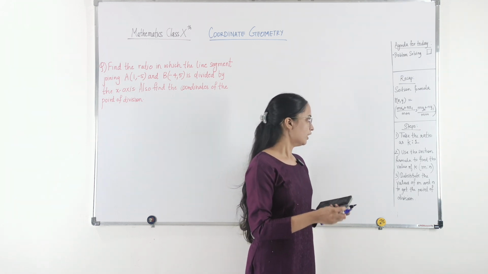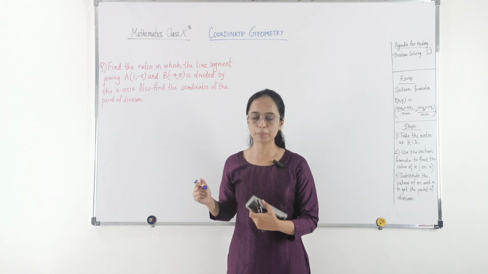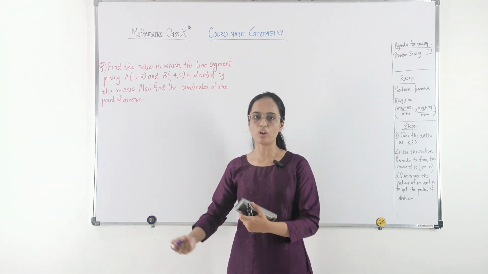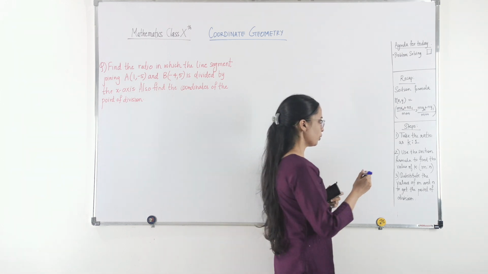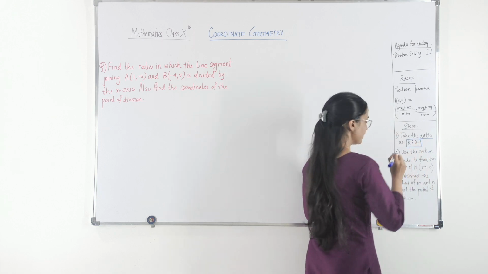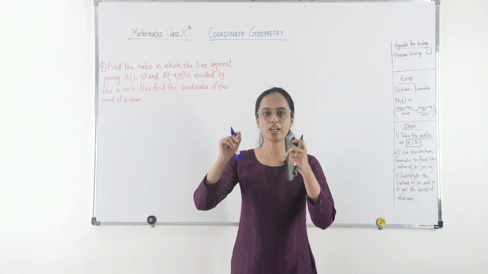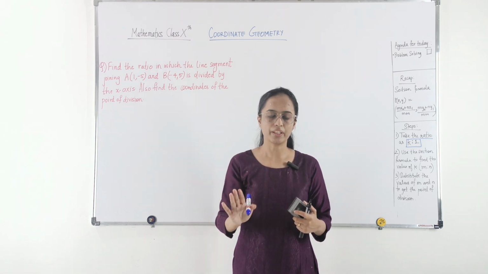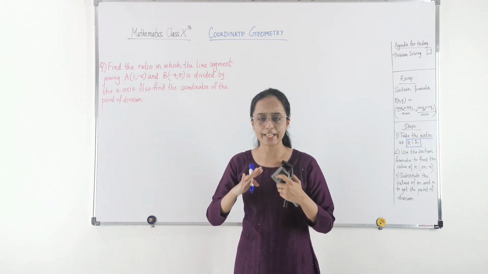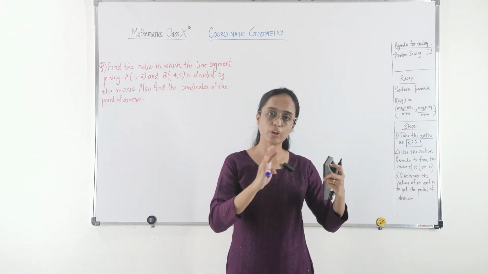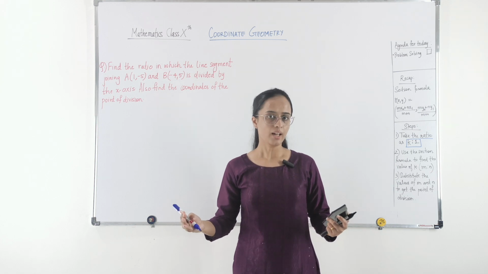Here if you see, step number 1 in this particular problem where you have to solve for the ratio and for the coordinates of the point is you have to take the ratio to be k is to 1. So in the beginning, step number 1 would be assume that the line gets divided in the ratio k is to 1. This is the same for any kind of problem of this type where you are asked to find the ratio and you have been given the 2 endpoints of the line.